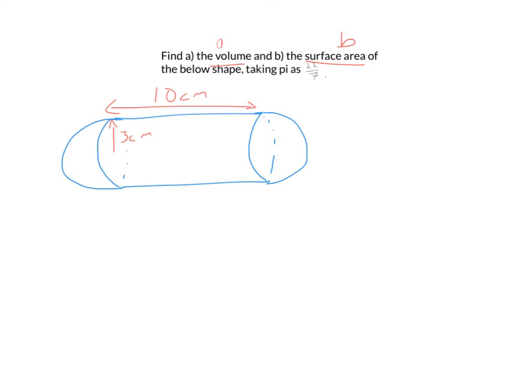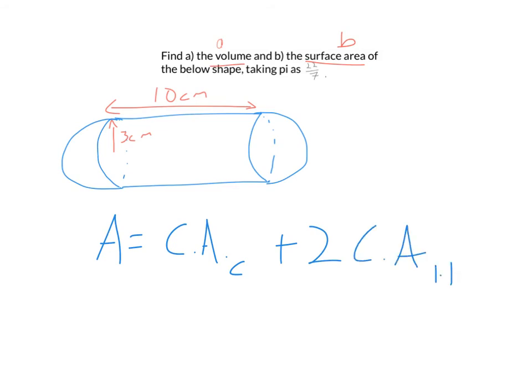So the formula that we're going to use is going to be the area, you can say the curved area for the cylinder and the curved area, so we have 2 of them, 2 times the curved area for a hemisphere.